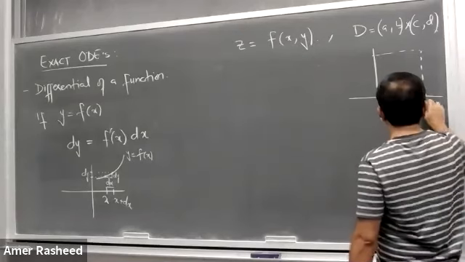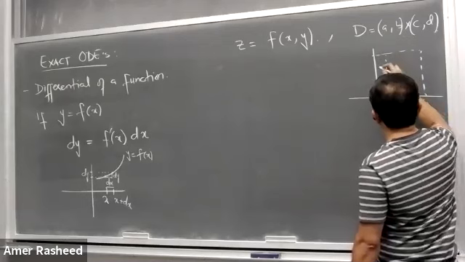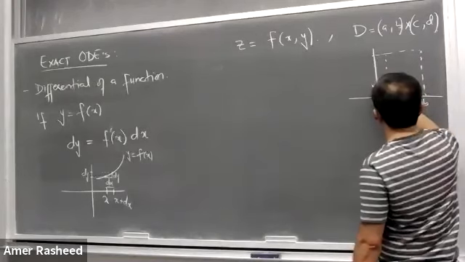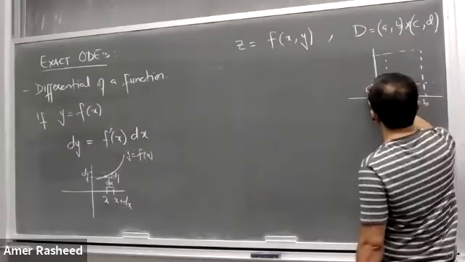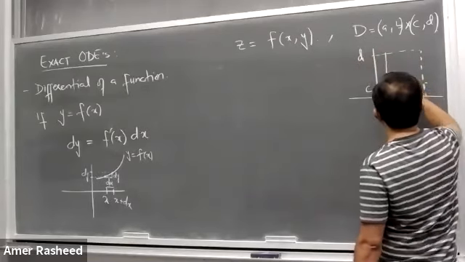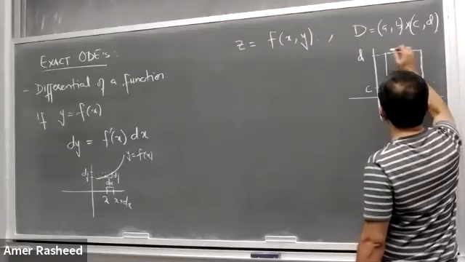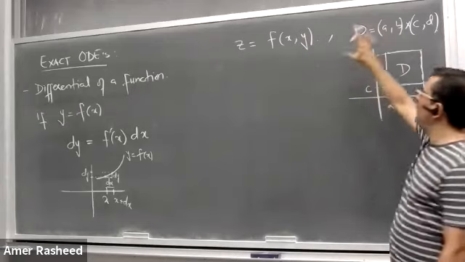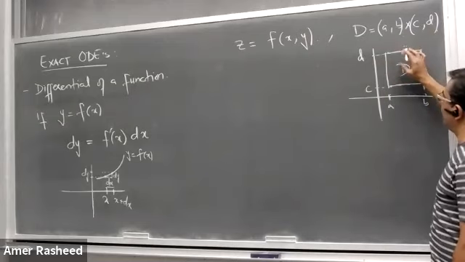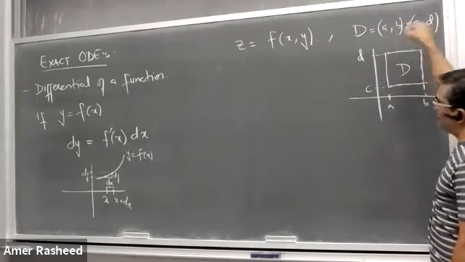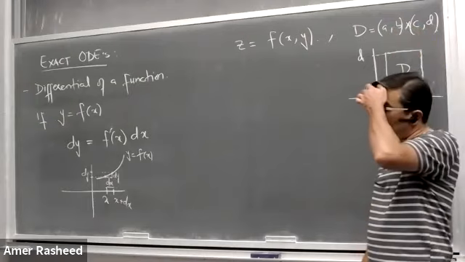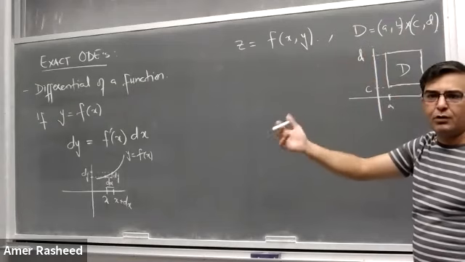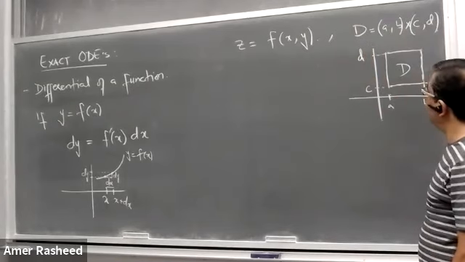From here, a to b. Here you have this thing, and y is from c to d, maybe. This to this. So this is your domain, rectangular domain. We call it D. The function is continuous on this rectangular domain, but the boundary will not be included. Okay. For the continuity, boundary may be included, but for the differentiability, we don't include boundary. I hope you know it.